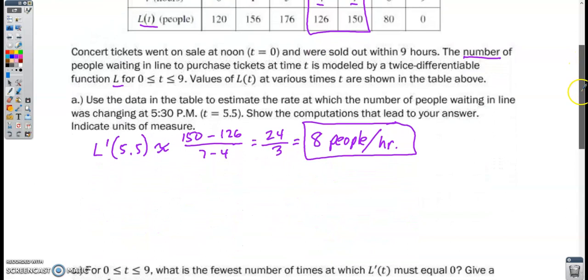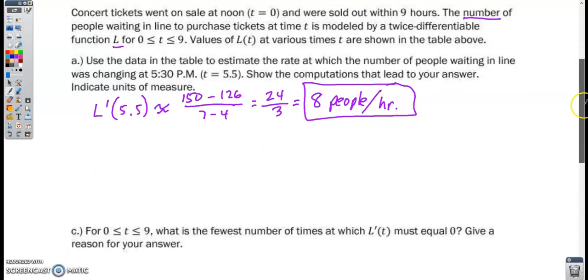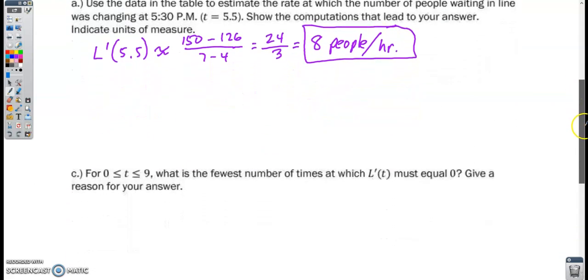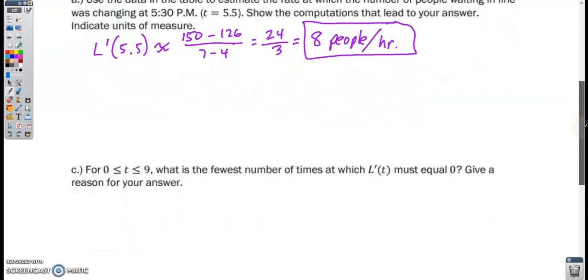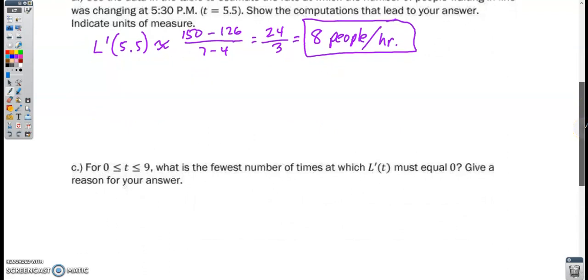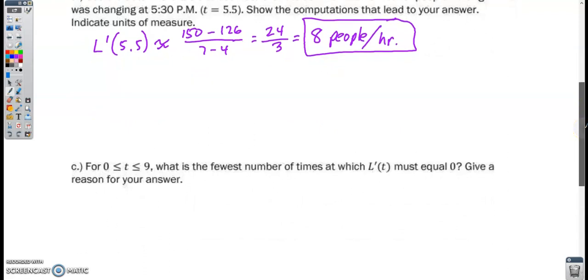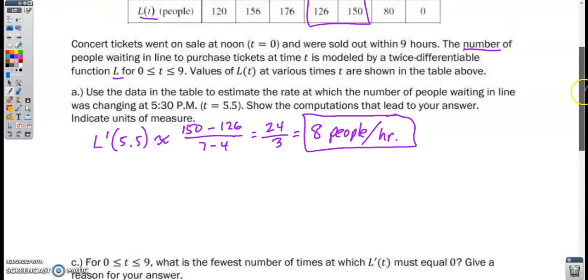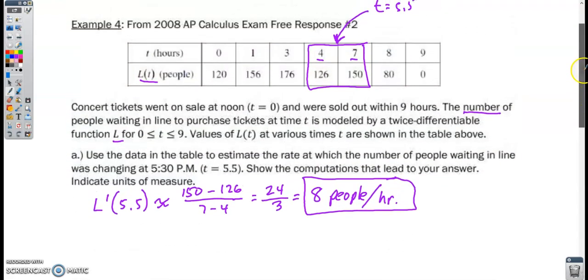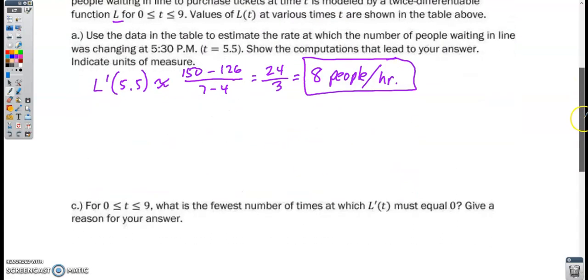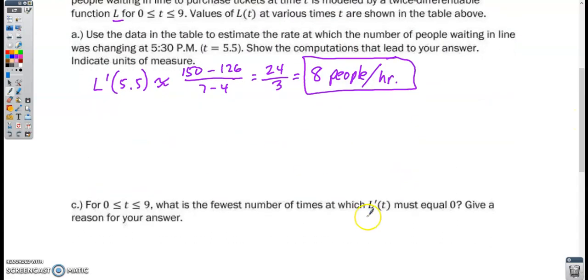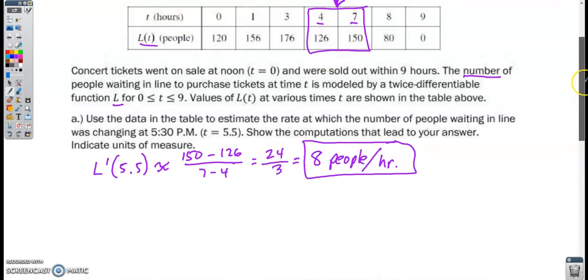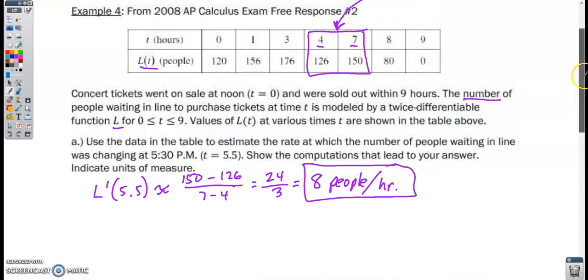All right, let's go ahead and look at part C here of the same question. What is the fewest number of times at which L prime of t must equal 0? Give a reason for your answer. Okay, so let's take a look back at this table. And remember that if we're looking for when L prime of t is 0, we're looking at the characteristics for L prime.